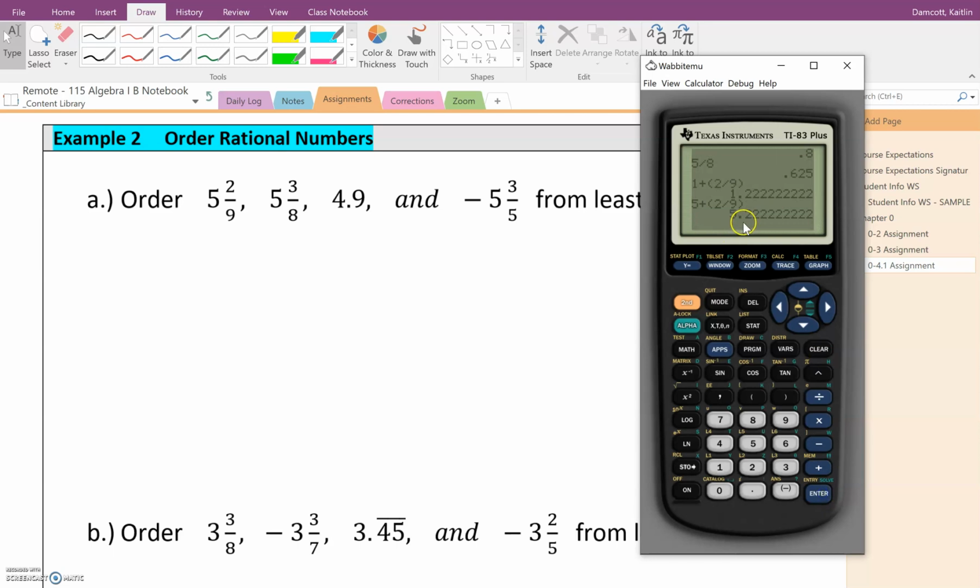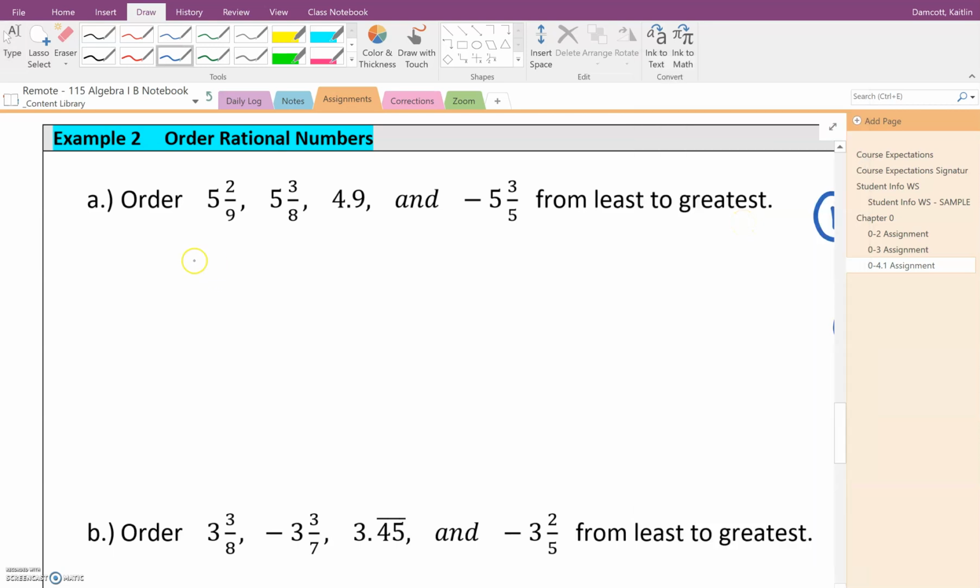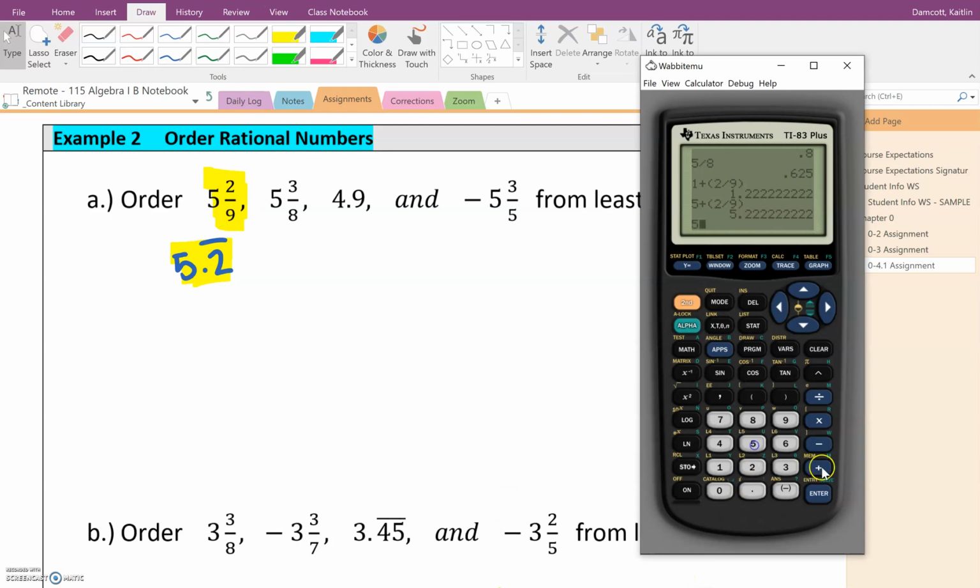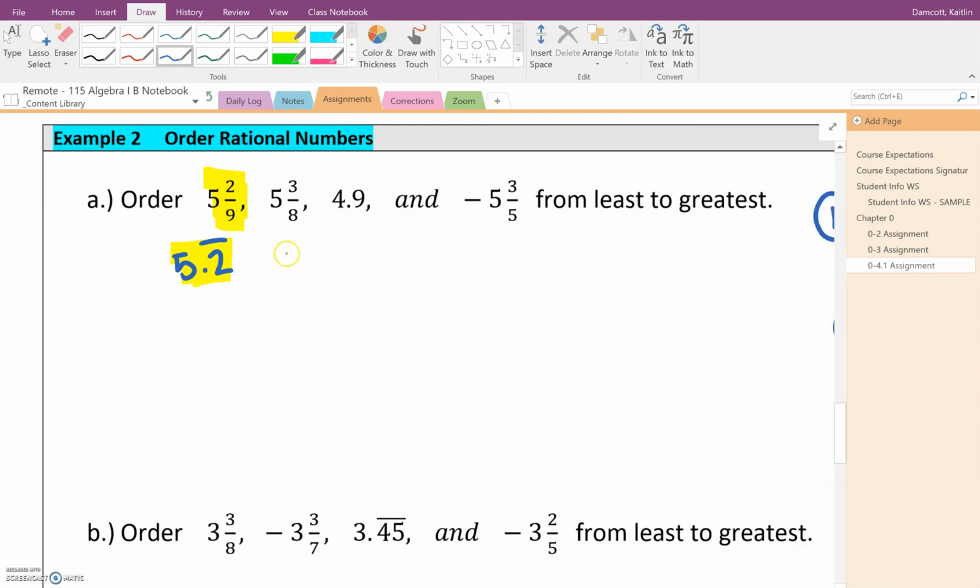So we get 5.2 repeated. 5.2 repeat, and these ones go together. Then we've got our next one, 5 and 3/8. So I go to my calculator, 5 plus parenthesis 3 divided by 8, close the parenthesis, and we get 5.375.